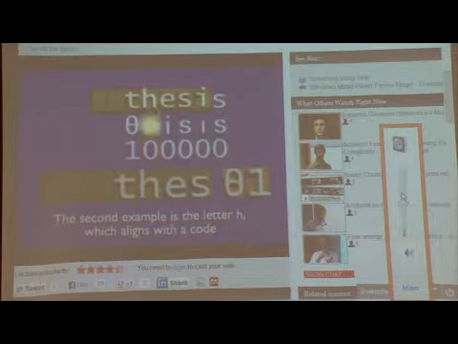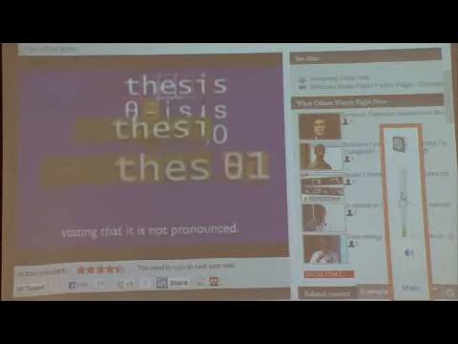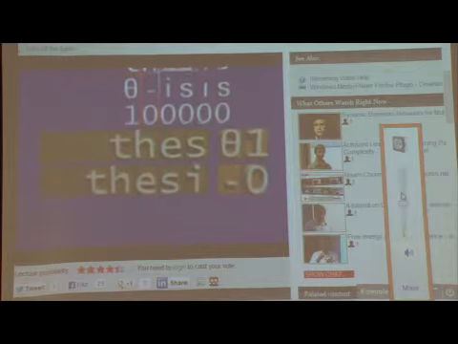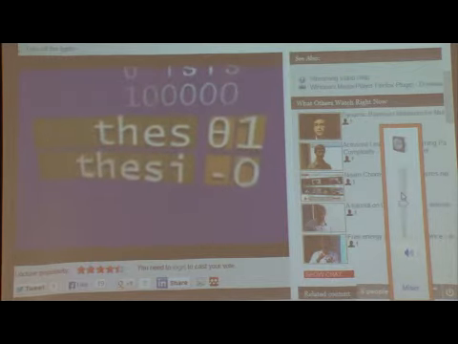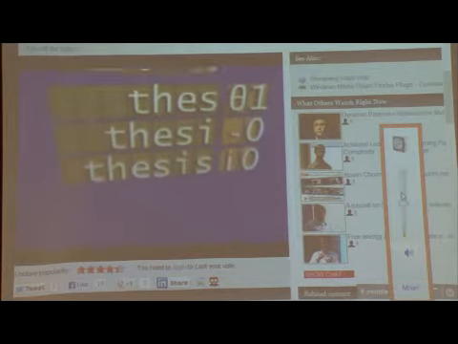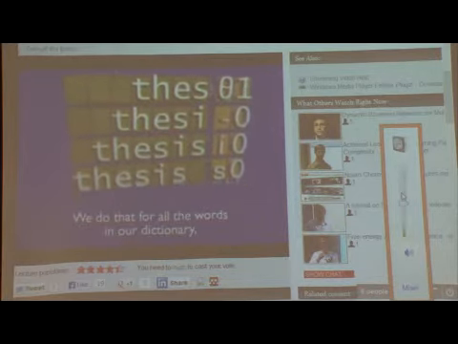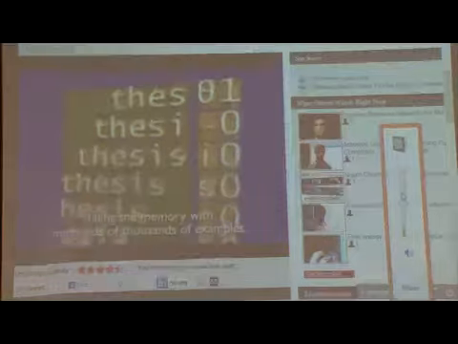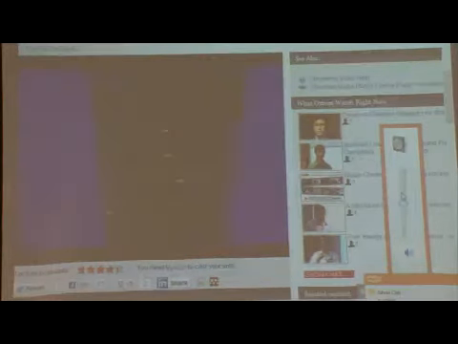The second example is the letter H, which aligns with the code stating that it is not pronounced. It is jointly pronounced with T. The same procedure would generate examples for all letters. We do that for all the words in our dictionary, filling the memory with hundreds of thousands of examples.